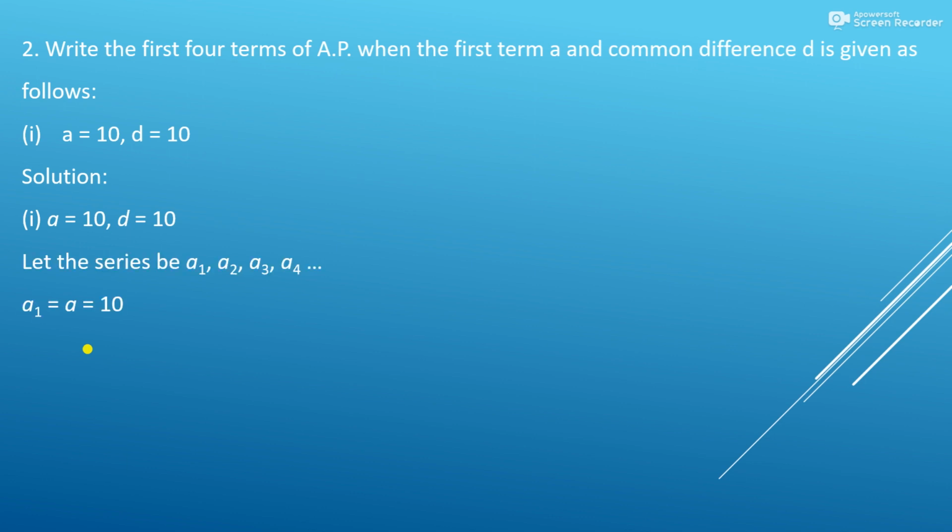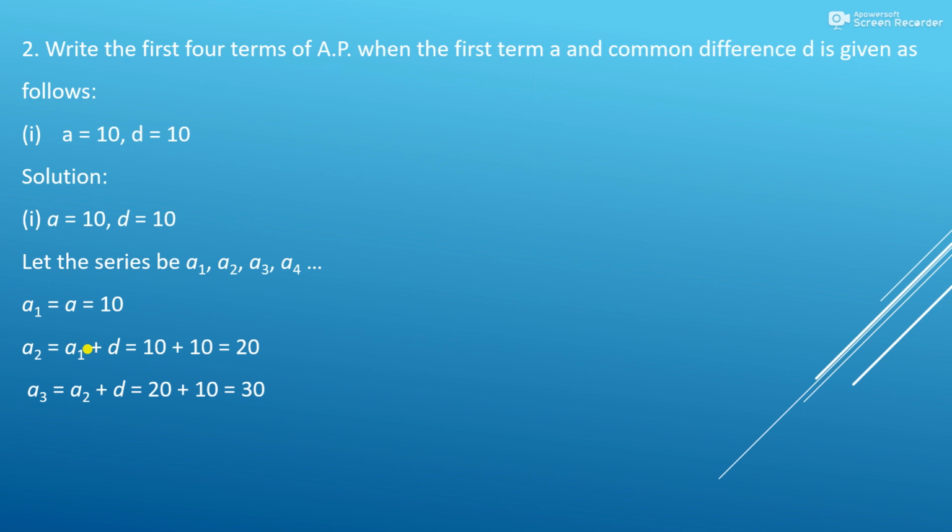Let the series be A1, A2, A3, A4, etc. So first term is A1, that is equal to A, that is they have already given, that is 10. The second term can be obtained by adding common difference to the first term, that is A2 is equal to A1 plus D. A1 is 10, common difference is 10, so 10 plus 10 is 20.